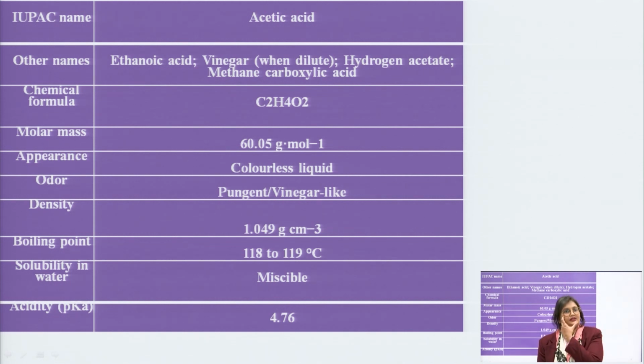Now, the chemical formula of acetic acid is C2H4O2. The molar mass of acetic acid is 60.05 gram per mole. Acetic acid is a colorless liquid.